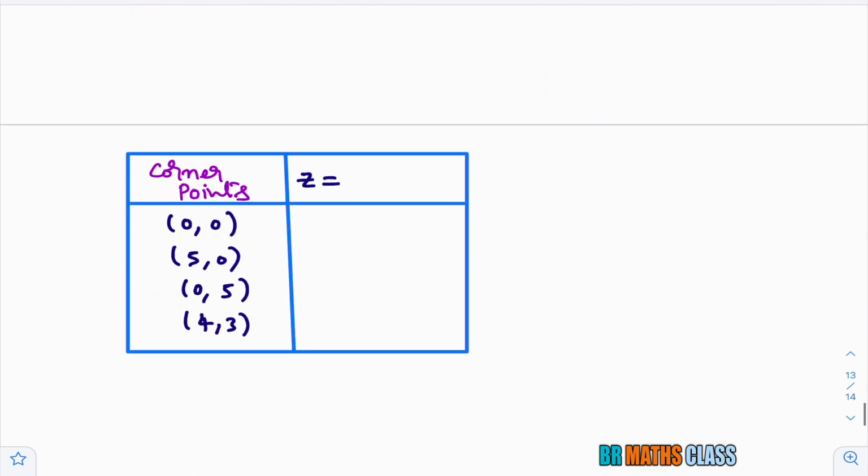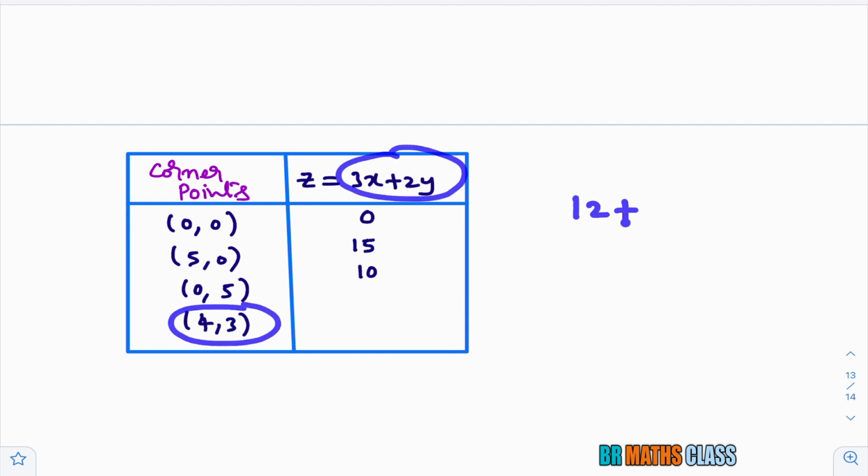Now substitute these points in the objective function. What you will get? 0, 3 5s are 15 plus 0 is 15, 0 plus 2 5s are 10. Now substitute this point in this. What you will get? 3 4s are 12 plus 3 2s are 6. 12 plus 6 is 18.